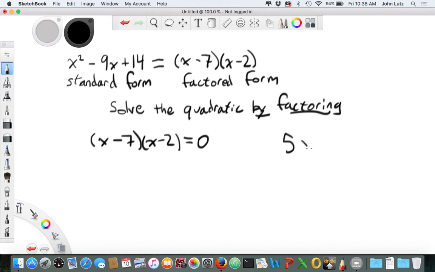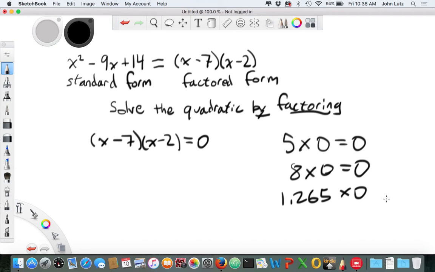So 5 times 0 equals 0. 8 times 0 equals 0. 1.265 times 0 equals 0. Anything times 0 equals 0. And even more importantly, the only way that you can get 0 using multiplication is if one of the things that you're multiplying by is equal to 0.